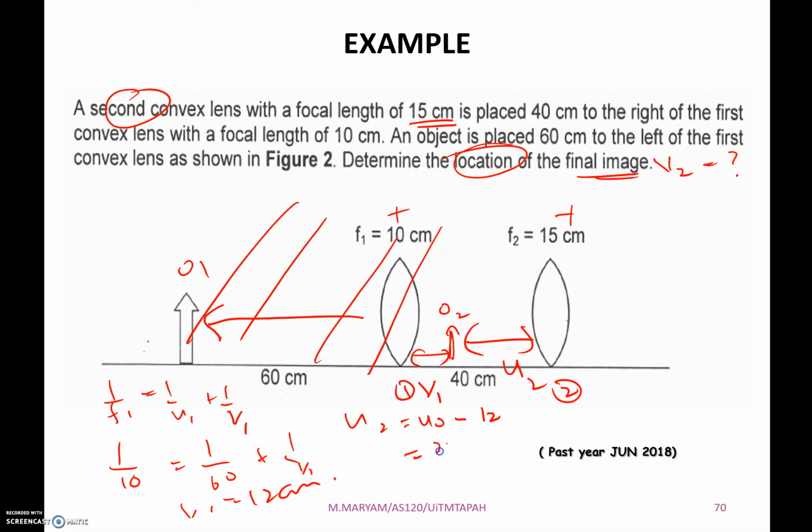Then only I can calculate my v2: 1/f2 = 1/u2 + 1/v2. So f2 is given as 15, and u2 just now is 28. I can find my v2. So I will get here 1/15 minus 1/28. Now 1 divided by the answer, we will get 32.3 centimeters.